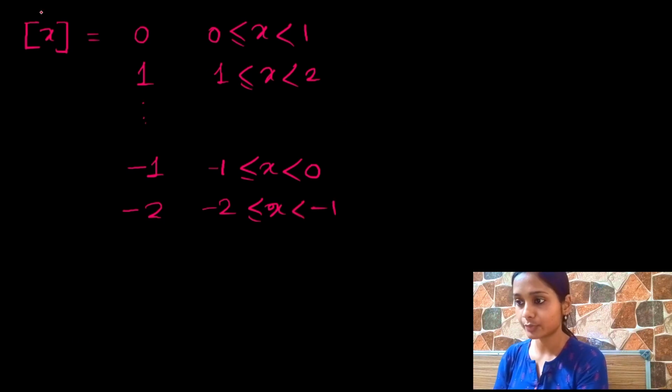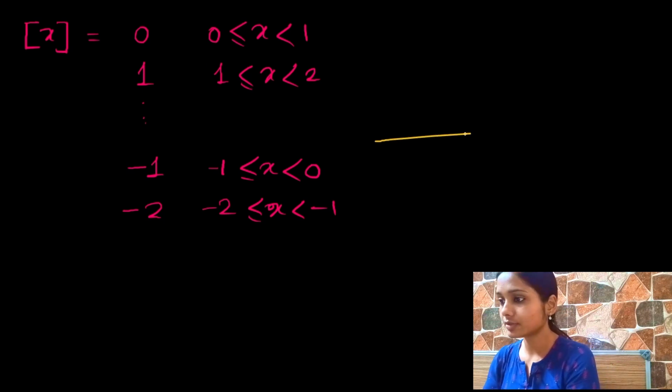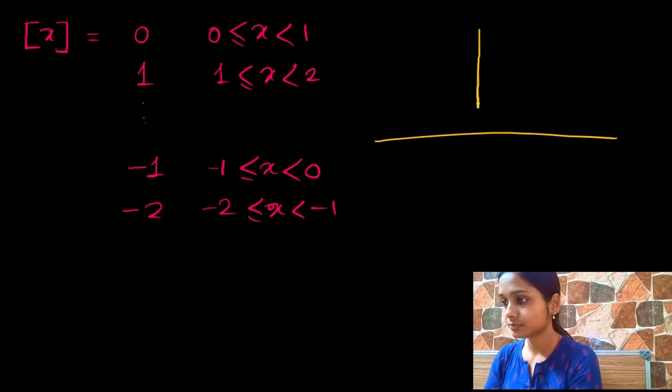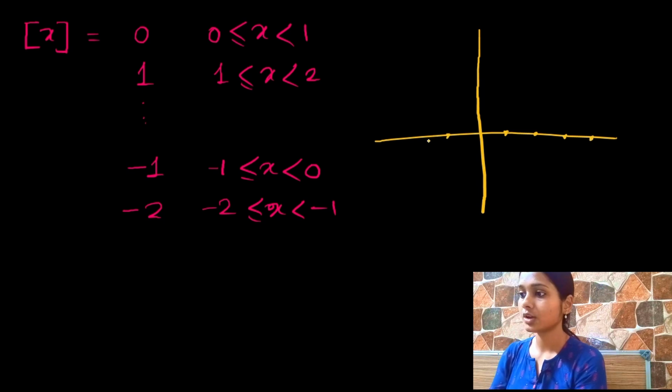So let me draw the graph of this function. Suppose this is 1, 2, 3, 4 and this is -1, -2, -3, -4 and so on. It has value 0 in the interval 0 to 1, so it will be like this.